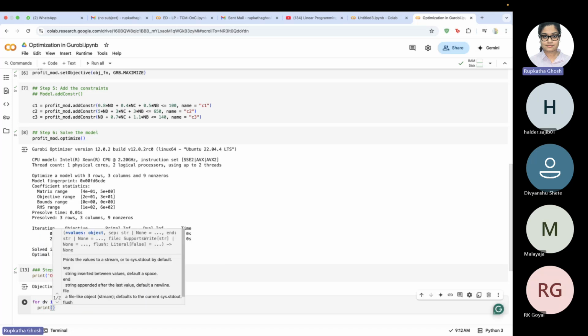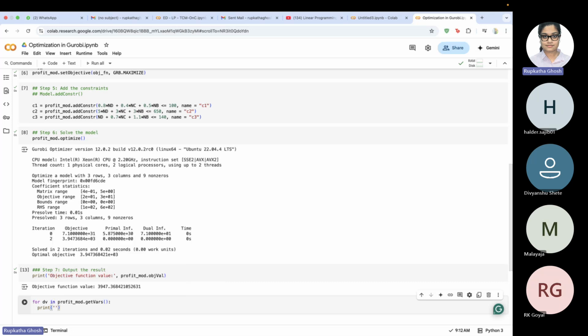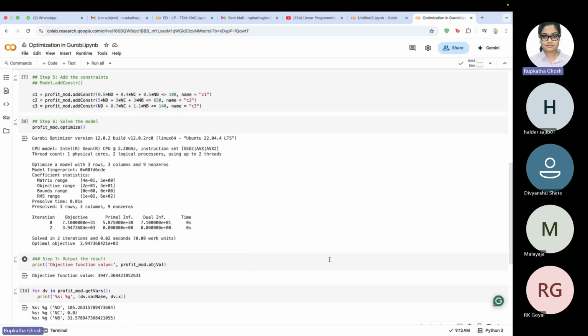This thing that I'm going to write is not really necessary, you can avoid writing this. I'm just doing this in order to give an output in a better formatting. We'll see if this is coming or else we'll just skip. dv dot var name, dv dot x. I think it's not exactly coming.